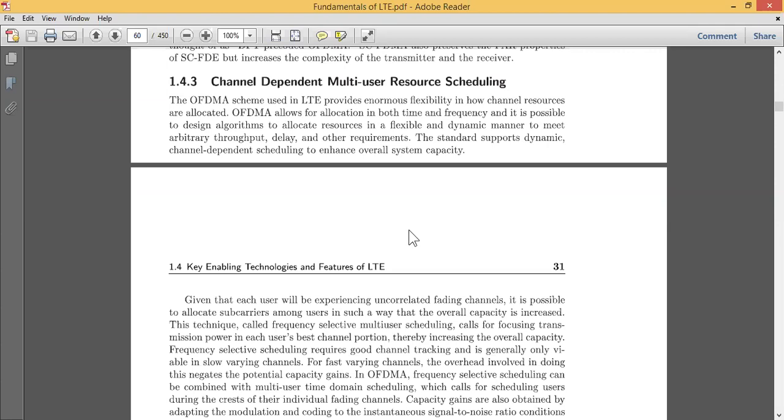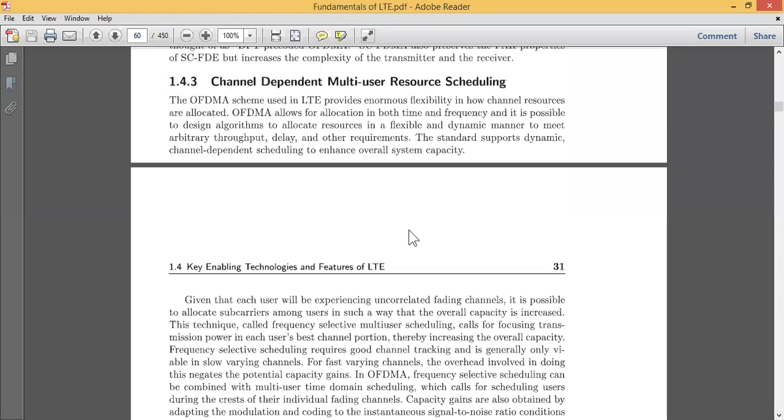It should not wait for some amount of time, meaning there should not be any delay in that allocation time slot. Other requirements include arbitrary throughput, whatever you feed it has to get, then delay and some other requirements of channel allocation. That is how these are supported in the LTE system.